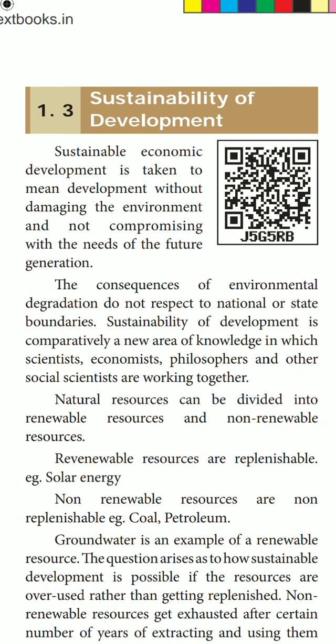We should not damage the future generation. What that means? Whenever we are using something, we should be careful. We want to keep it for the future generation also. For example, we are using water. We should not waste water.